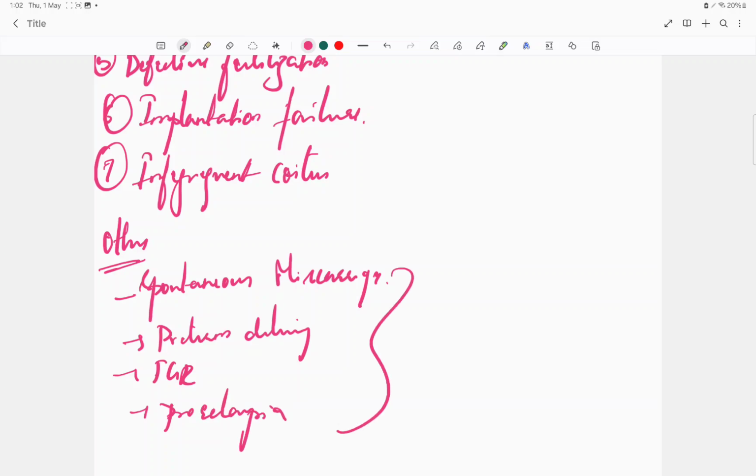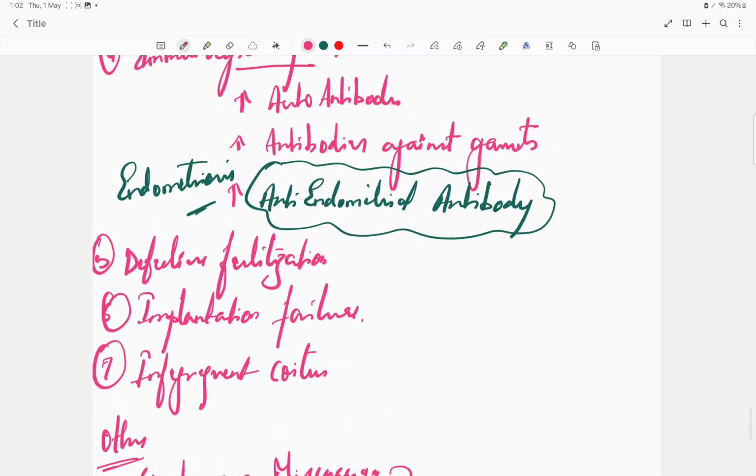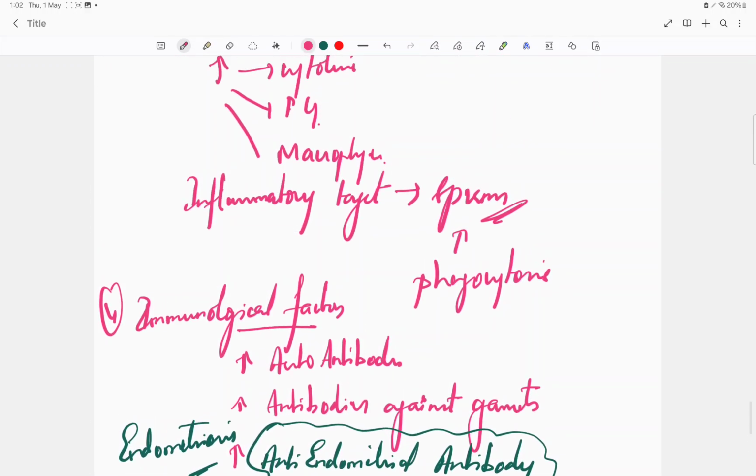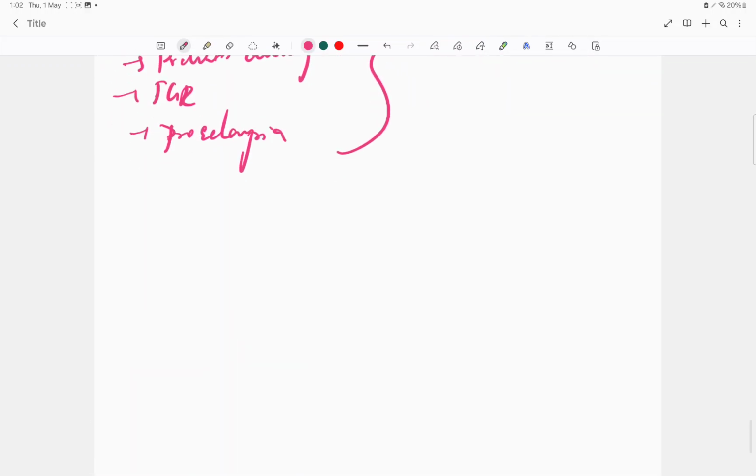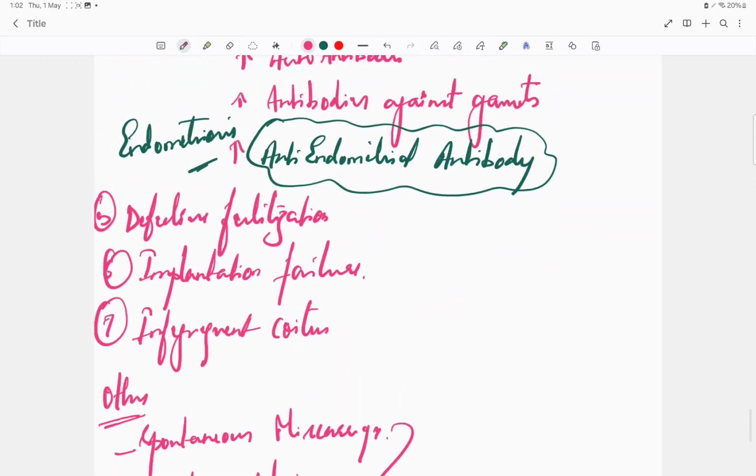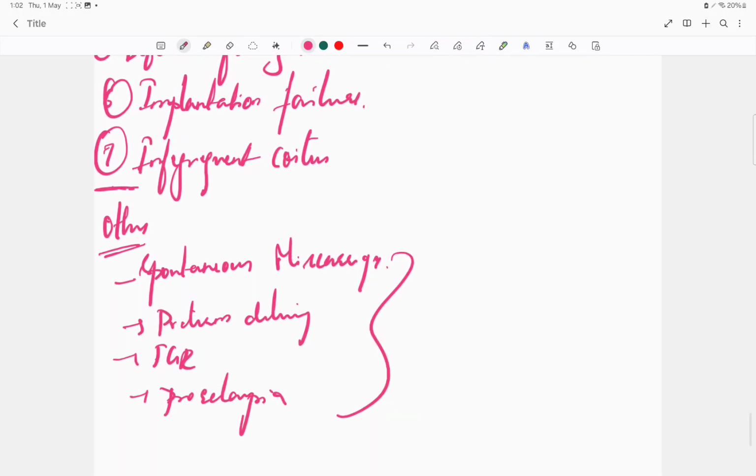These are all the things that you can see. Okay, so these are all the causes for the infertility in the case of endometriosis. So till here is the infertility cause. These are the other miscellaneous causes, the eventful conditions which you can see in the case of pregnancies in endometriosis.